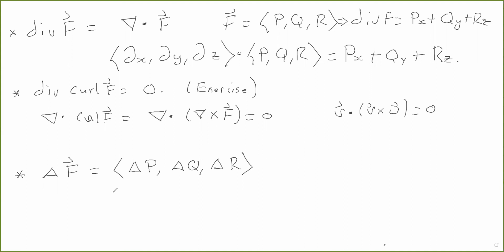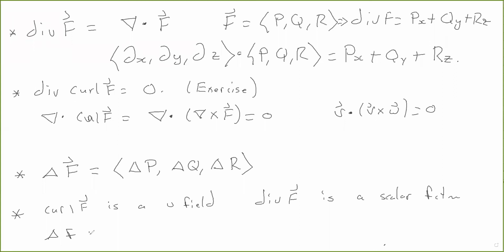Okay, so to summarize, the curl of a vector field is a vector field. The divergence of a vector field is a scalar valued function. Okay, the Laplacian of a scalar valued function is a scalar valued function.